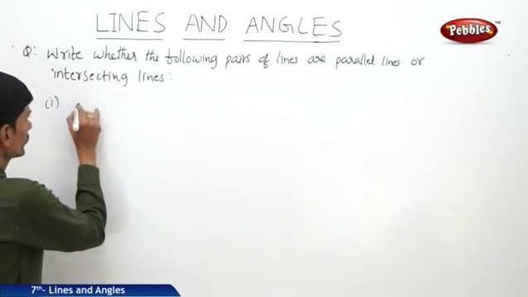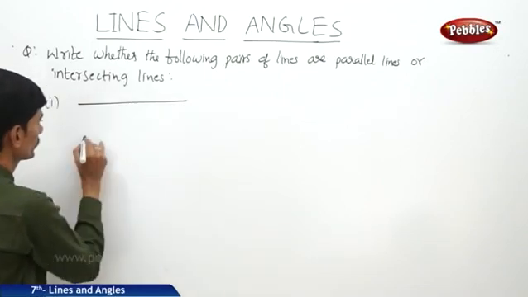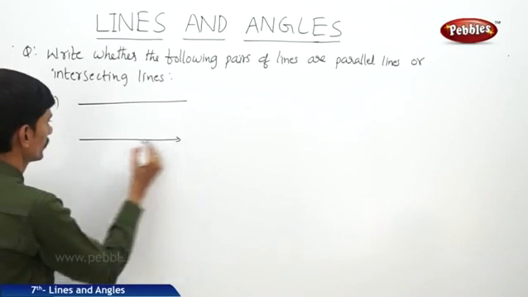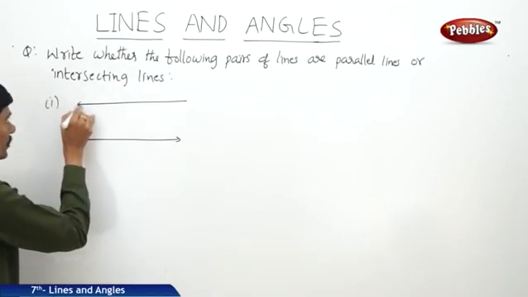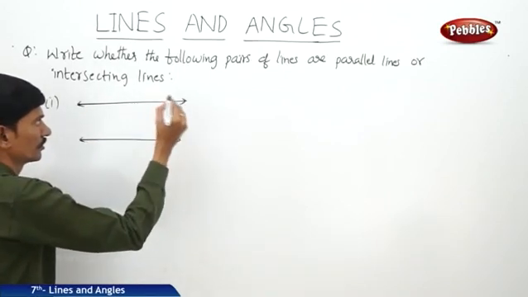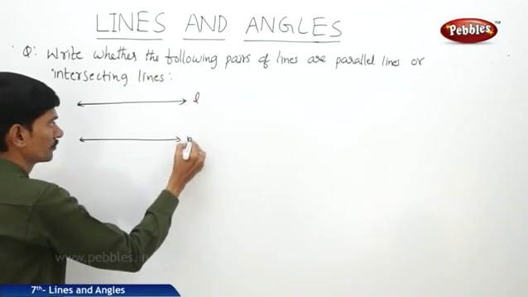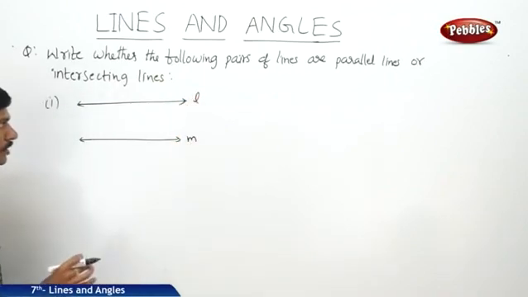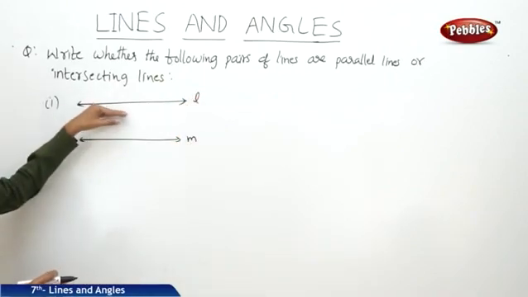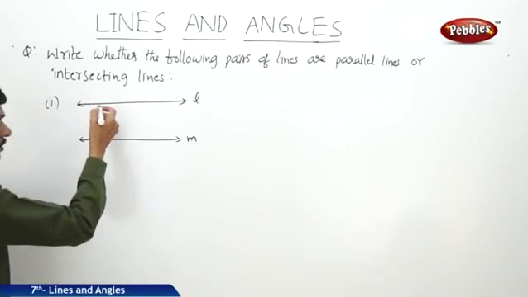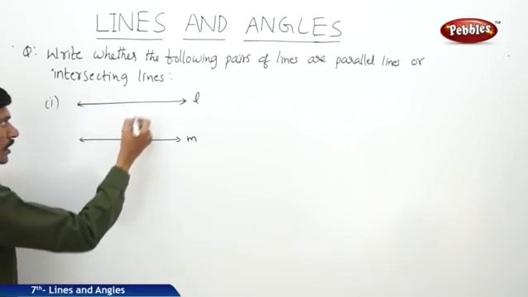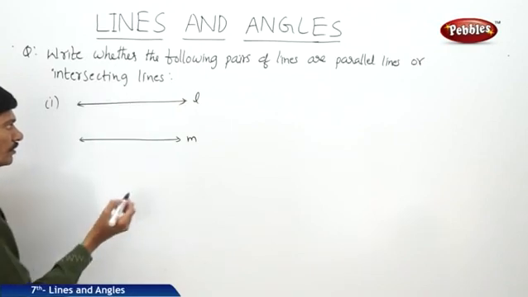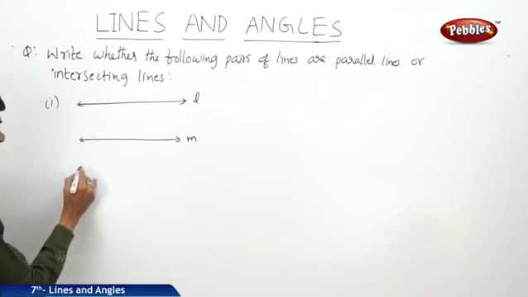Now, the first question: two lines are given. We should check whether they are parallel or intersecting lines. The two lines are L and M. These two lines do not intersect, meaning they do not have any common point, and the perpendicular distance between the two lines is the same everywhere. So these two are parallel lines.